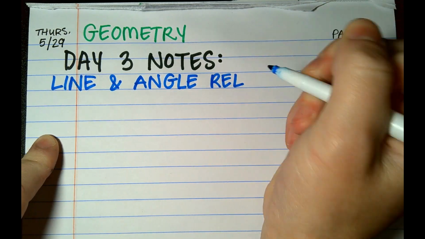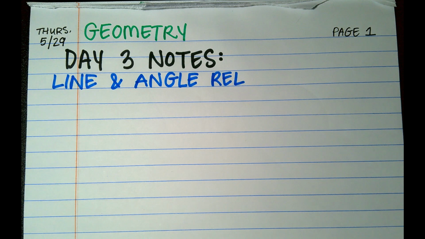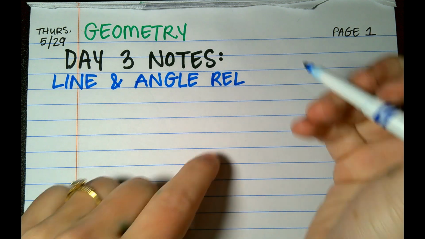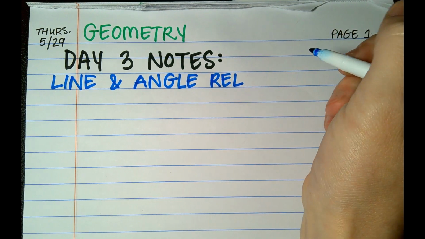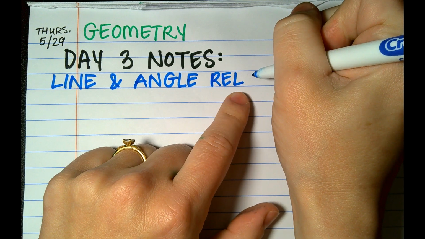We're going to talk about how when certain lines form certain angles, we know certain things about them, and that'll make sense in a minute.